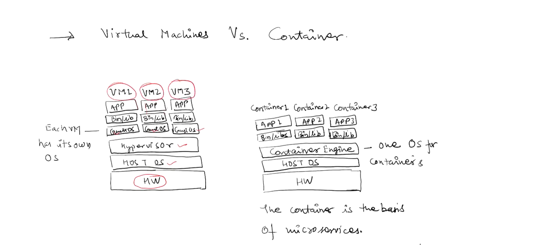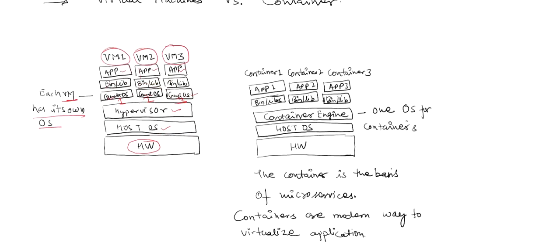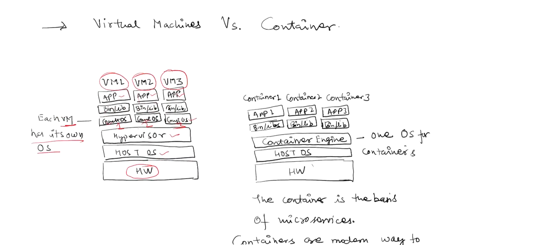So in the generic setup, if there is no containerization, you can see each VM has its own operating system. There are 3 operating systems, 1, 2, 3. On these operating systems, the apps are configured. So each app has its own operating system. But in containerization, this is the hardware. After that, this is the host operating system. Then this is the container engine, that is one OS for all.